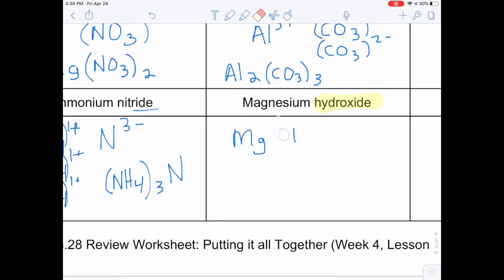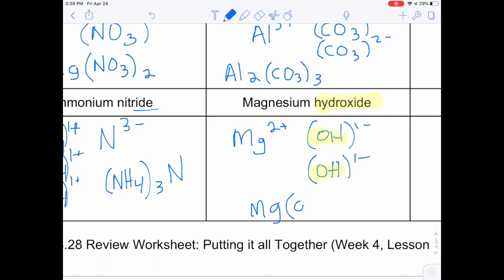So I have a +2 here and an OH -1. Do they add up to 0? No. So since I have only -1 against a +2, I'm going to make another OH here. Now do they add up to 0? Yes. So I'm going to count 1 Mg and 1, 2 OH. I put the parenthesis around the team and the 2 on the outside, because remember that 2 means there's 2 of the whole team.